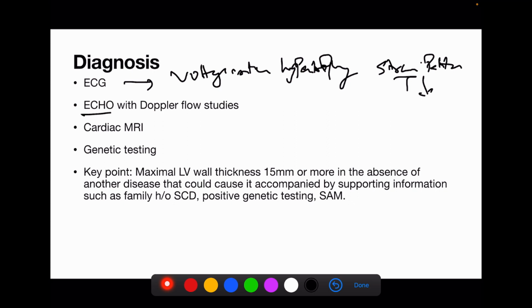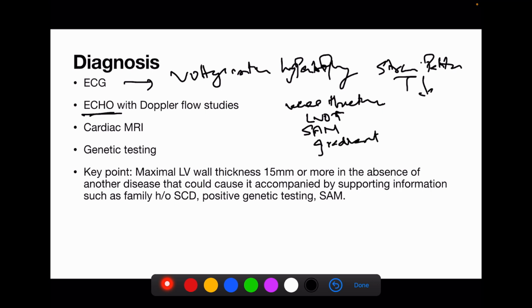The other thing that you can do is echo. When you do a two-dimensional echocardiography, you can measure the wall thickness, and also you can see the left ventricular outflow tract obstruction, and if there is systolic anterior motion of the anterior mitral leaflet, and you can also measure the gradient.